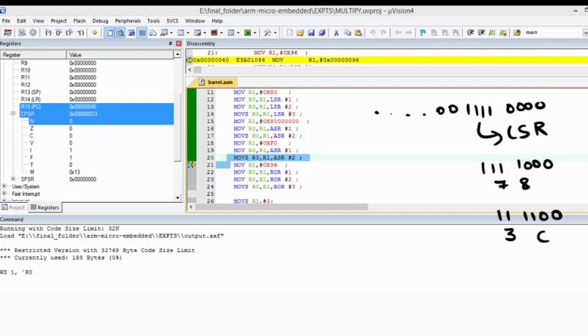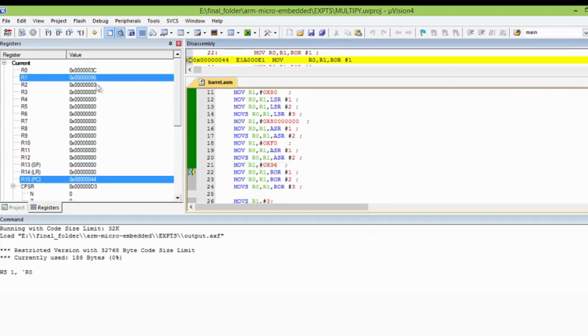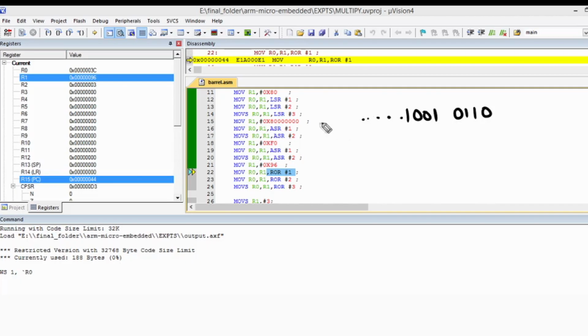Next we have a rotate right operation. Let's see that happening. Our value here is 96. When it is rotated right once, what should the answer be? Let's assume this is the 31st bit and this is the 0th bit. We have to wrap it like this.